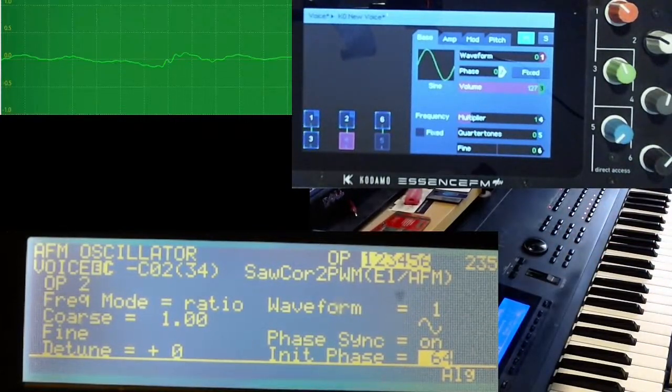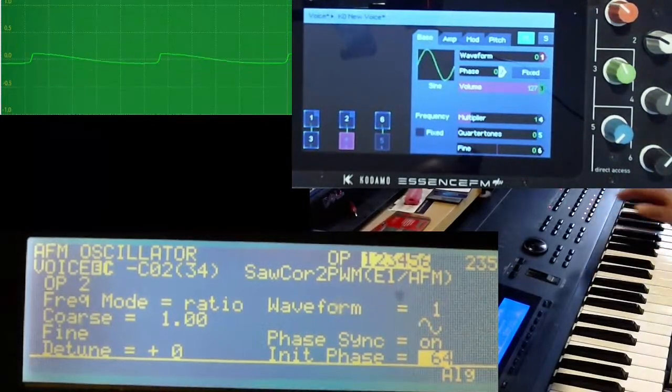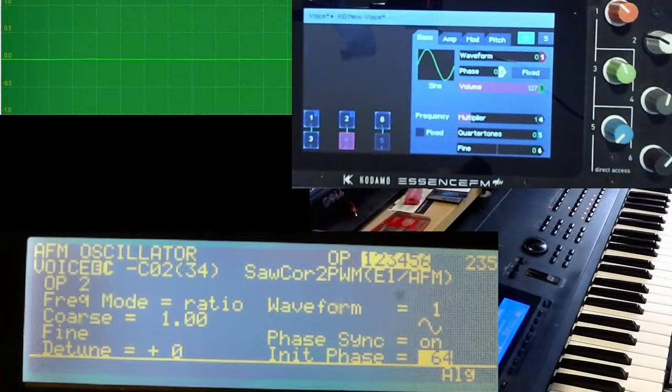So basically, this is 180 degrees shifted linearly. So let's see what we have here. If you look at the waveform on its own, of course, it's going to look the same. But now if you play it with the 4, 5, 6 stack, these guys are offset 180 degrees. So now you get the classic, what they call double sawtooth.